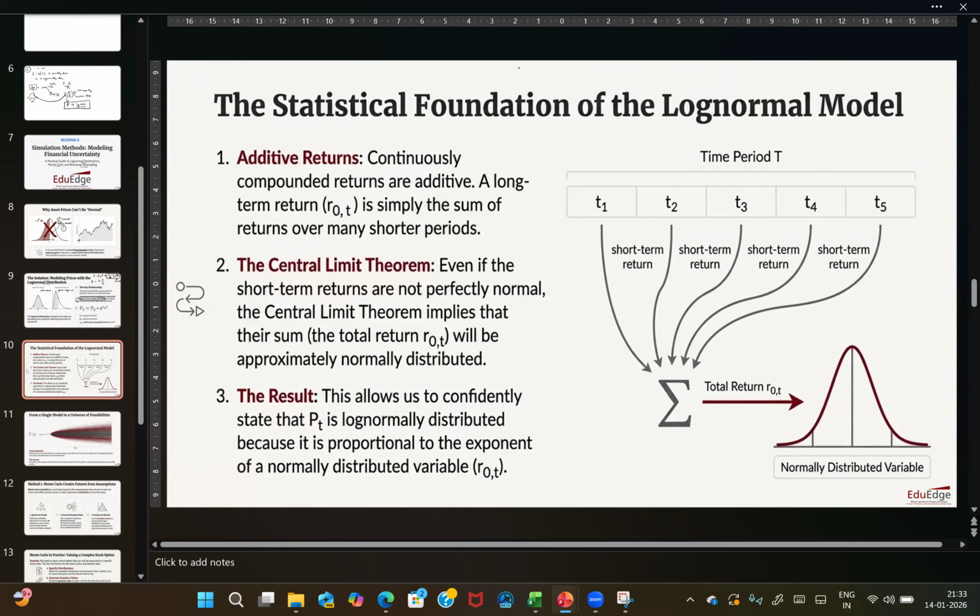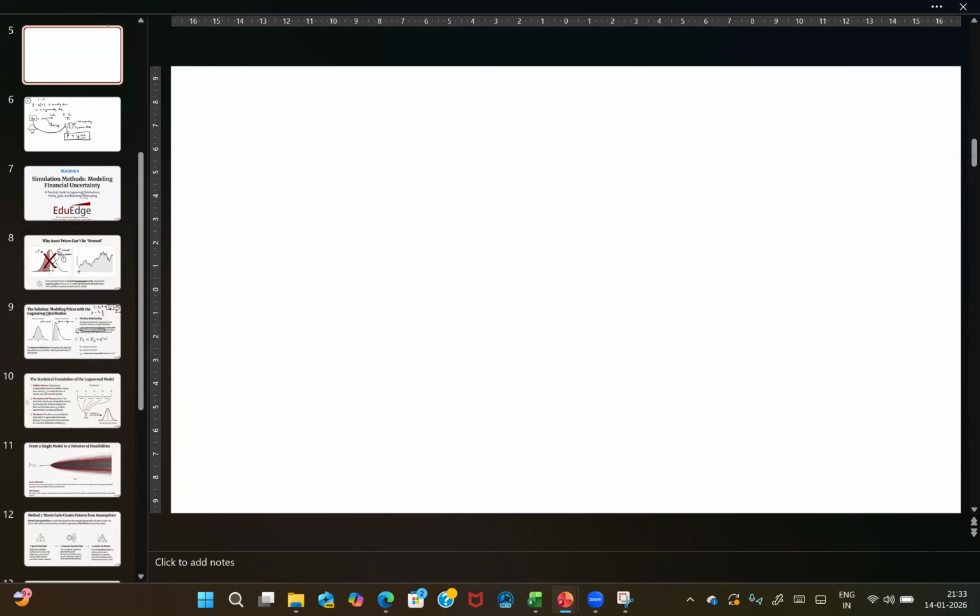Okay, let's take a very simple example. Why do we say that log returns are additive? Let's consider the return over 2 days, 0 to 1, 1 to 2. Prices are P0, P1, P2.